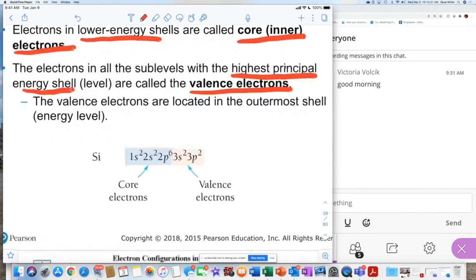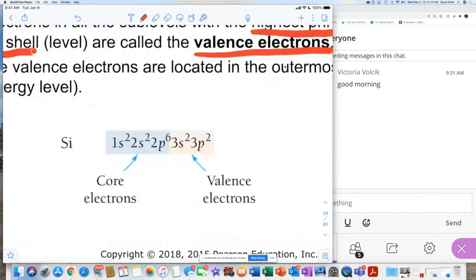So when you're looking at your configuration, you want to be able to identify which electrons are valence electrons. Looking at this right here, we're looking at silicon. Silicon has got 14 electrons. So we got 10 and we got 4 right here, okay? So the 10 electrons are the core electrons.